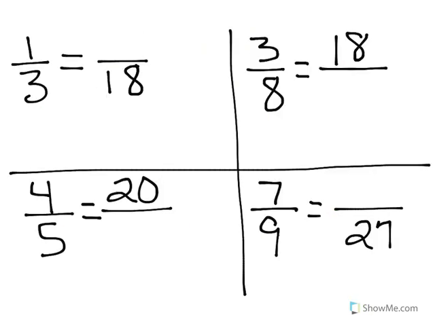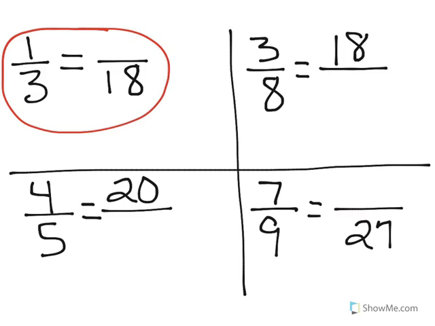But what if you're given a fraction with a missing numerator or a missing denominator? How would you do that? You would do it the same way. Let's focus on this top left section. The first thing you need to do is focus on whether you know both numerators or both denominators.